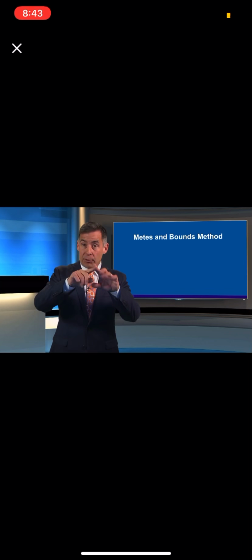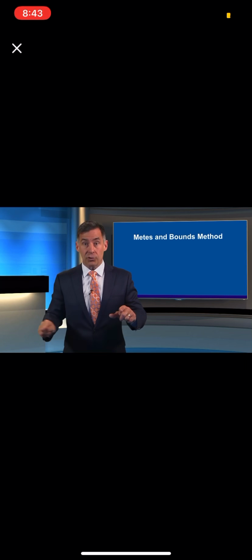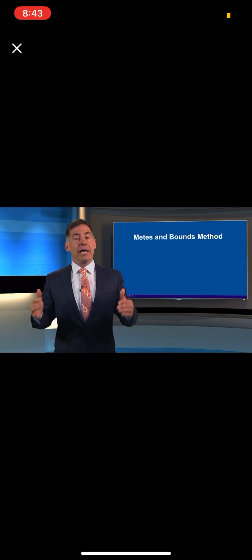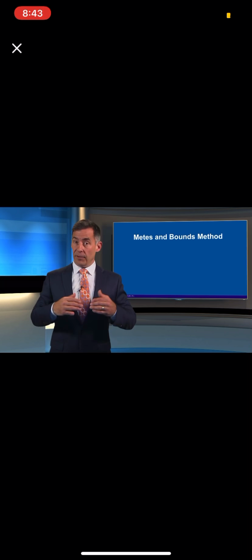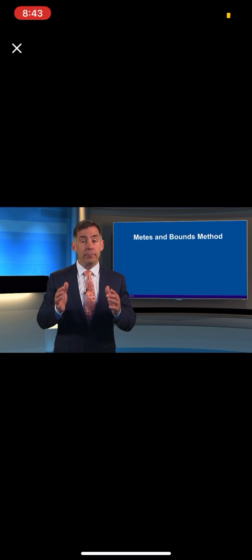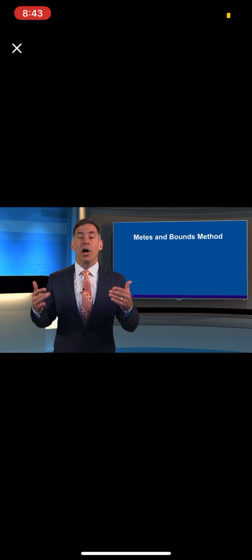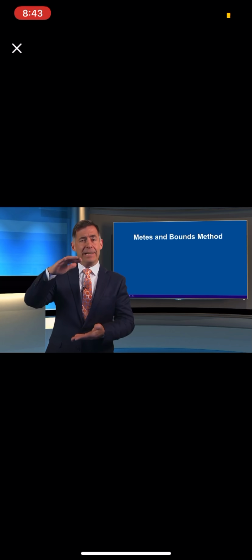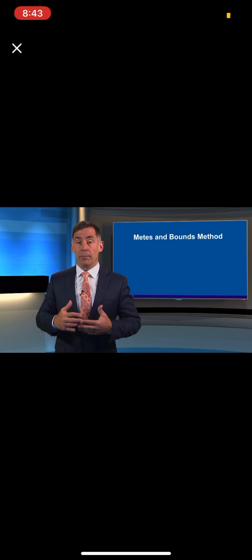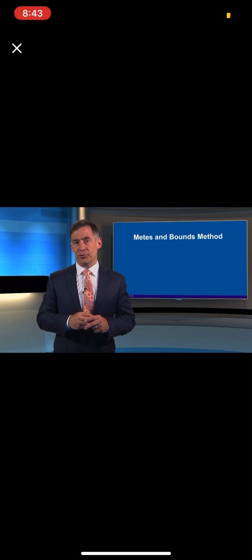Very long, because some properties aren't just rectangular in shape or trapezoidal. They have angles all over the place. So if you're going to be working in an area with very extensive metes and bounds descriptions, you're going to want to become very familiar with the tools needed to help people understand what it is they're buying. And once again, that metes and bounds description will need to be provided along with any purchase agreement.